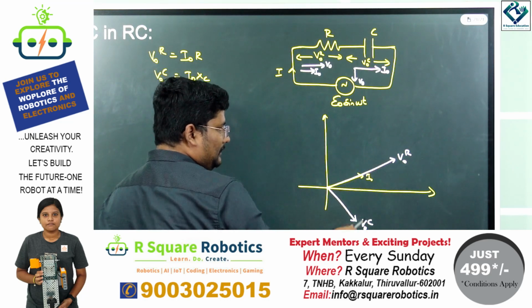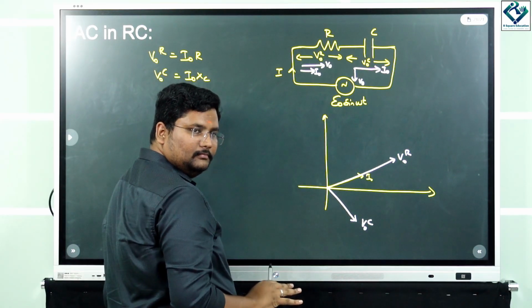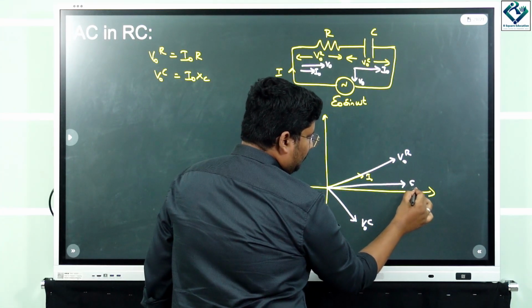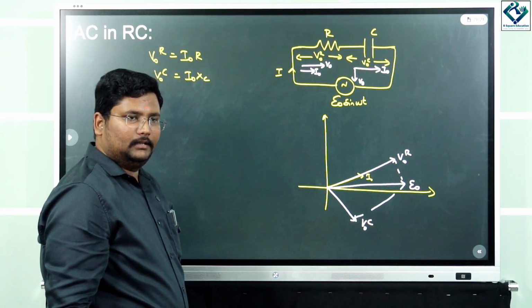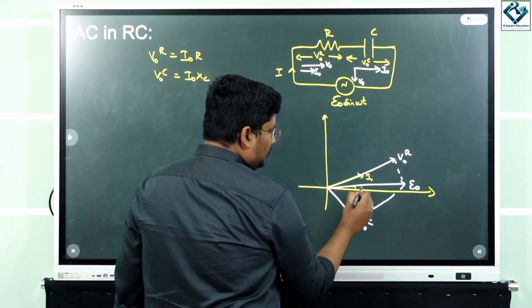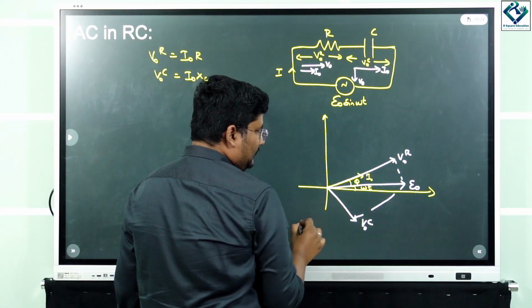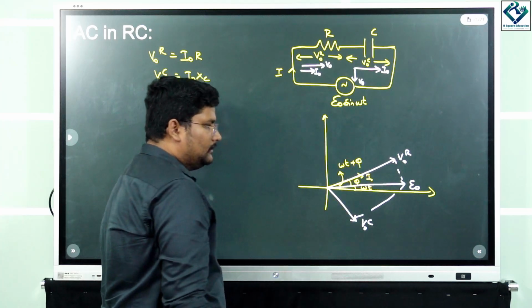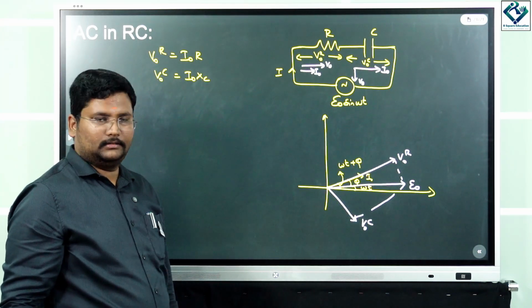So the resultant will be in between these two, but always keep in mind they cannot be negative. Okay, so this is going to be omega t, and this is going to be phi, together omega t plus phi. Again there is going to be a right angle triangle which we can evaluate, right?